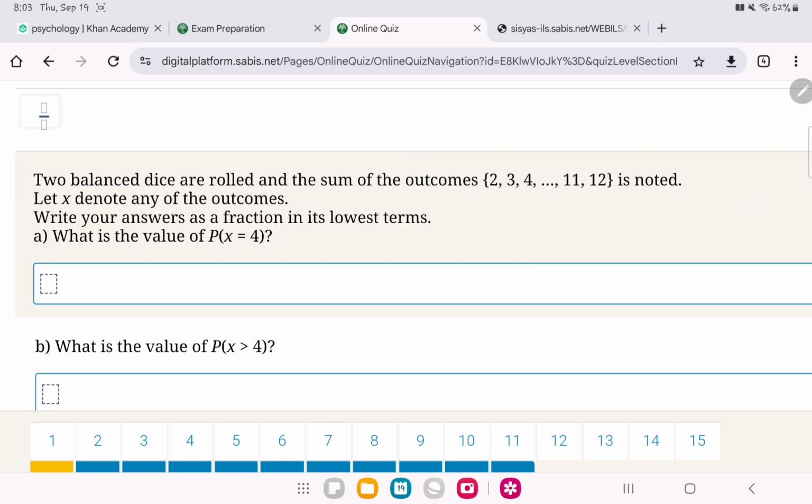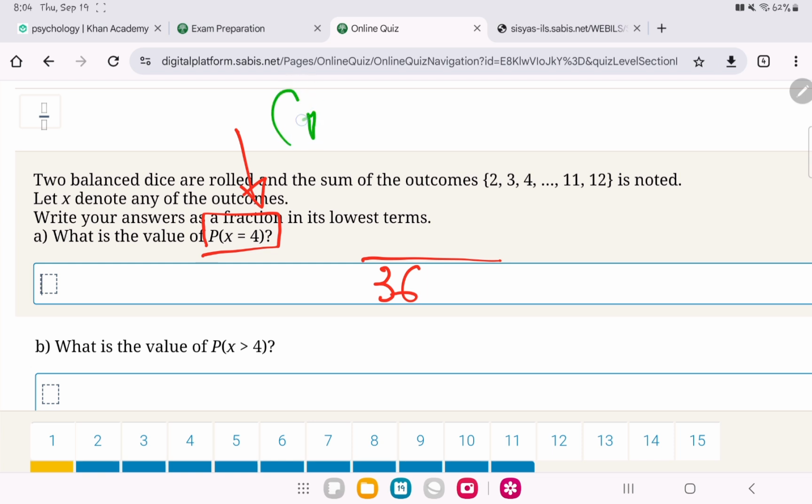Now they're telling us, what's the value of P(x equal to 4)? So first of all, what's the total number of possibilities? 36, right? We know that the total number of possibilities is 36. Now, when we roll dice, how many possibilities are there to get 4?